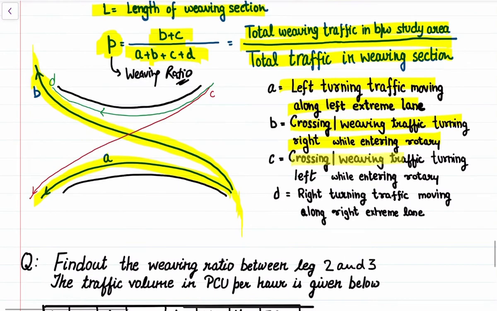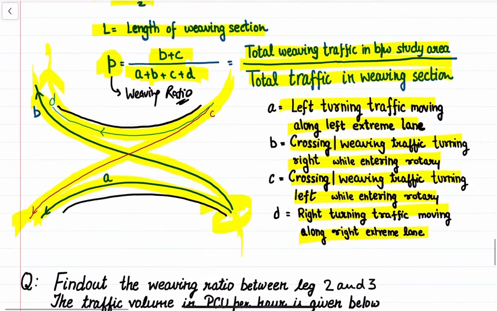C is the crossing weaving traffic turning left while entering the rotary, so all the traffic that is coming from a different leg and going to the study leg. And D is the right turning traffic moving along the extreme right lane, that is coming from any other leg and going to any other leg except our study leg. So that is what we define as A, B, C, D.